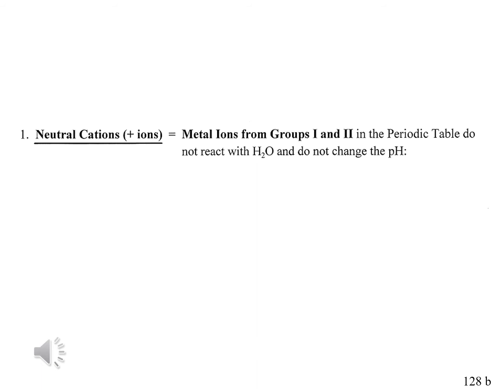The first class that I want to talk about is what are called neutral cations. These are positive ions, but it sounds like a kind of weird thing because the word neutral oftentimes means no charge, right? So how can you have positive ions with no charge?